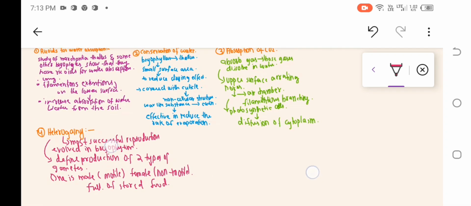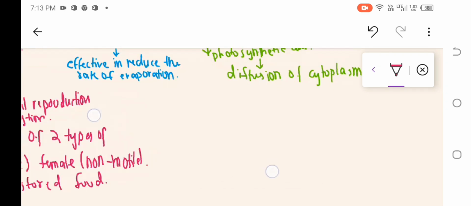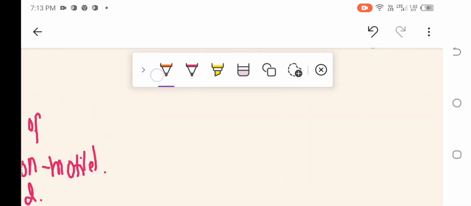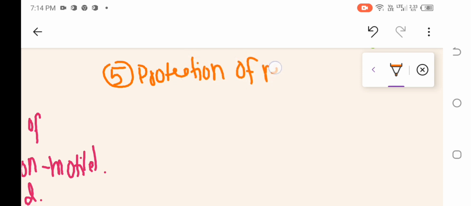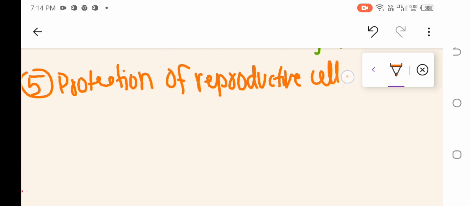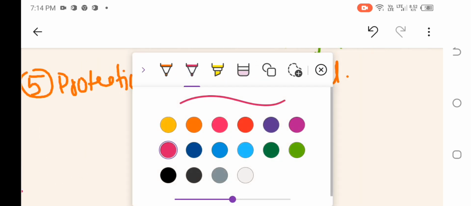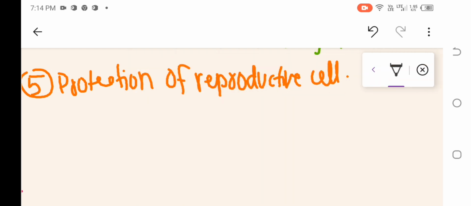Now, if we discuss the fifth adaptation, that is protection of reproductive cells. क्या है, रिप्रोडक्टिव सेल्स की प्रोटेक्शन करना। So yes, the land environment requires special protection for the reproductive cells.